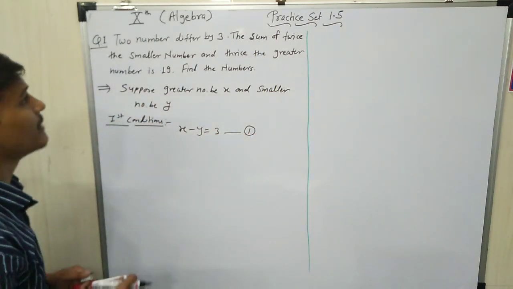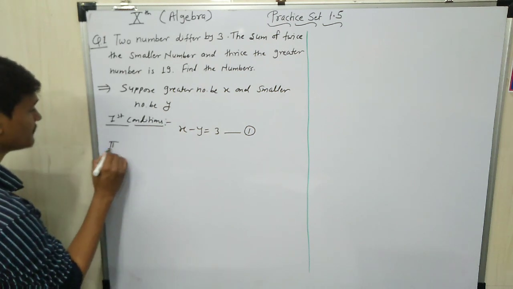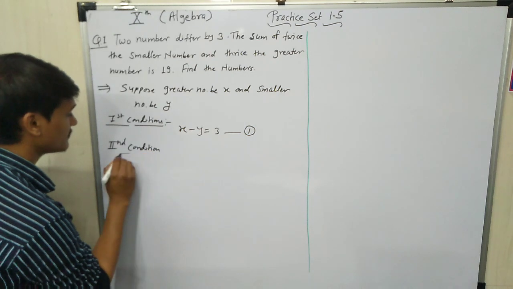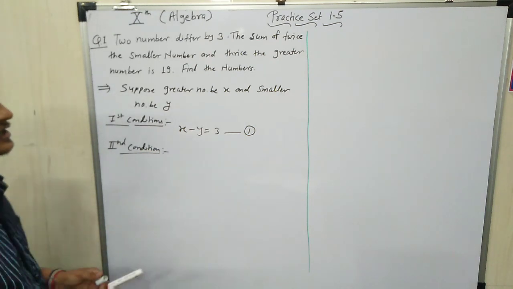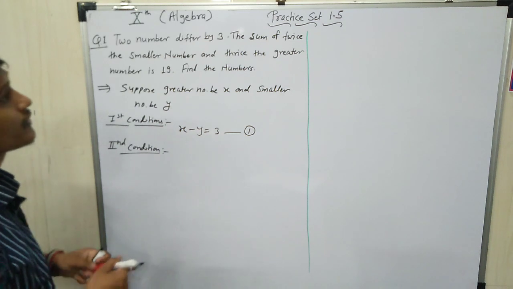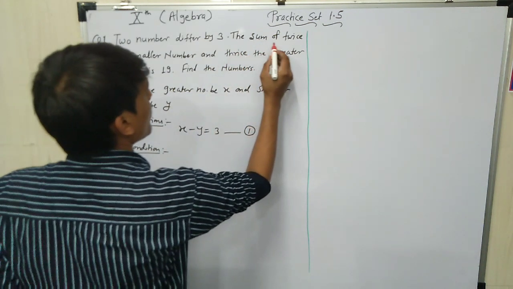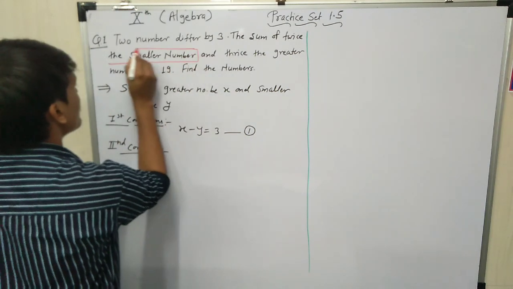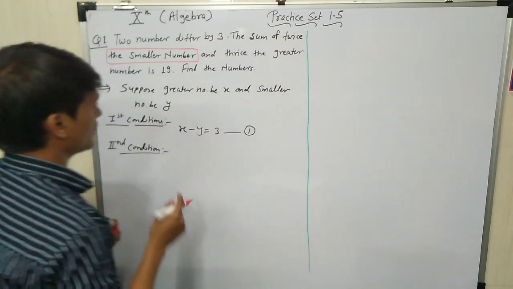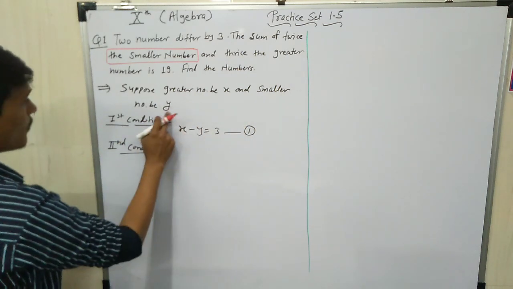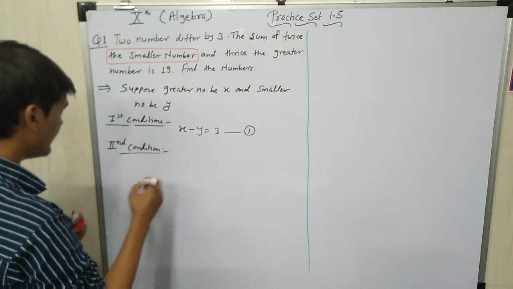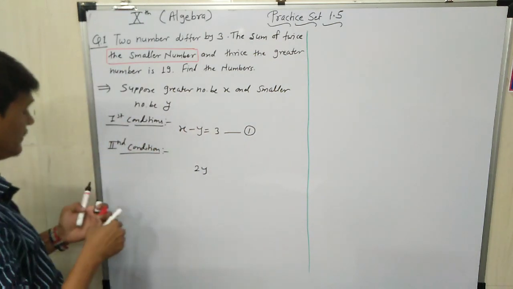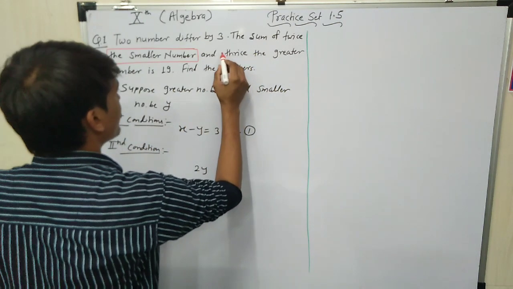Now second equation, second condition. What is second condition? The sum of twice the smaller number, twice y, then write here 2y and thrice the greater number.